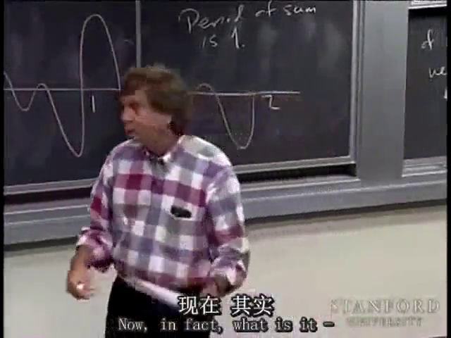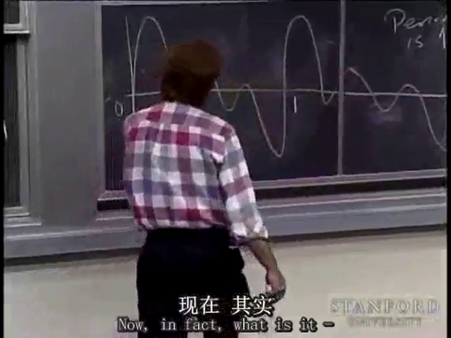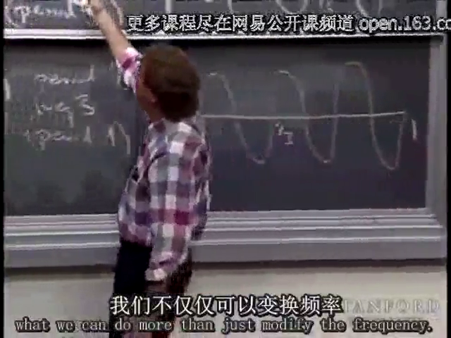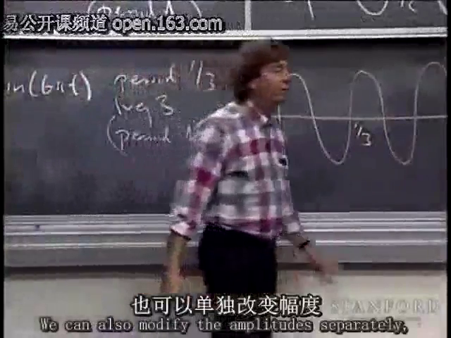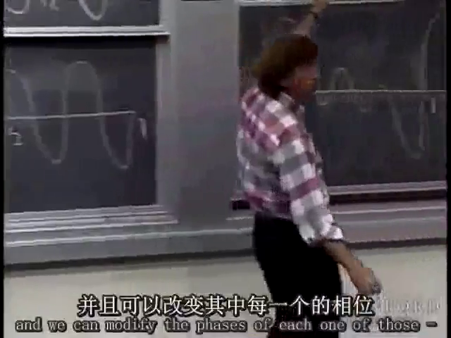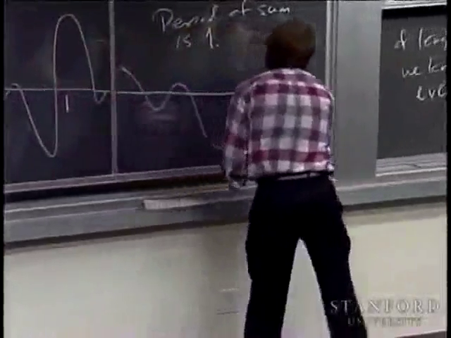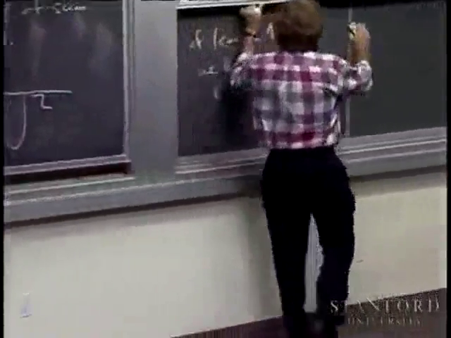Now, in fact, we can do more than just modify the frequency. We can also modify the amplitudes separately, and we can modify the phases of each one of those terms.